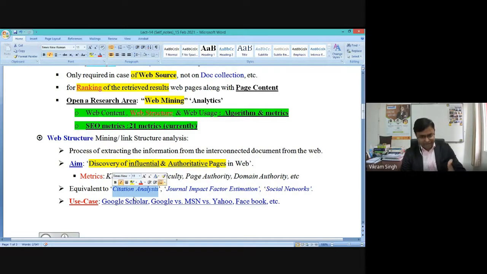Citation analysis emphasizes basically the most important article, most relevant article, most influential article, and most authoritative article in a particular topic or maybe particular domain, right?